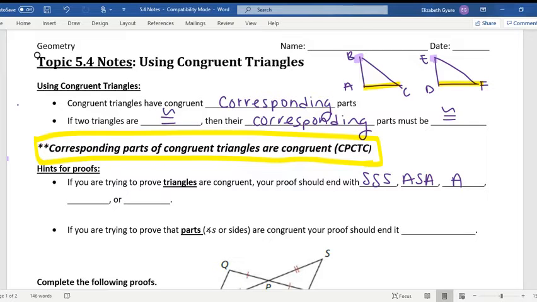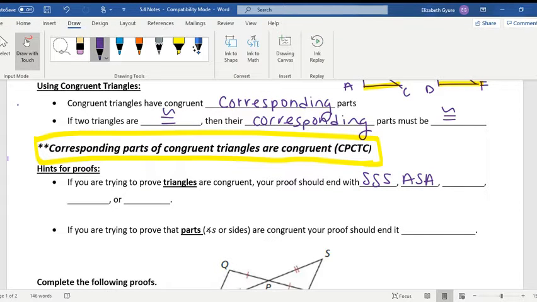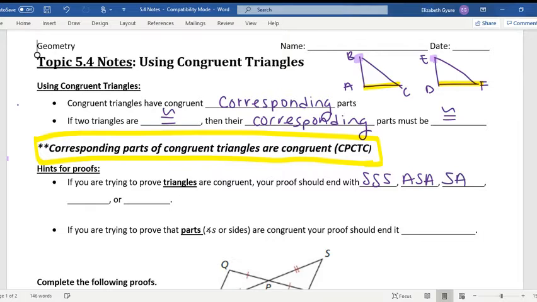I'm sorry. Side, angle, side. Yes. What's another one? We can look at our 5-3 notes. Yeah, hypotenuse leg. And then what's the last one? It's another one that starts with angles.